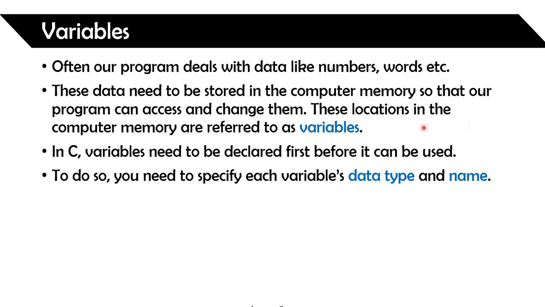These locations in the computer memory are referred to as variables. So in C programming, you need to declare the variable first. There are two things: you need to define the data type and give it a name.